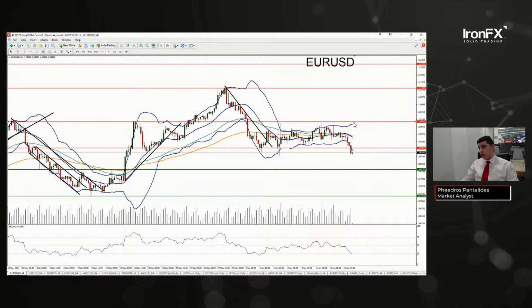We could readjust R2 and bring it slightly lower. I'd personally take this high, and personally, I like using the bodies of the candles rather than the wicks.